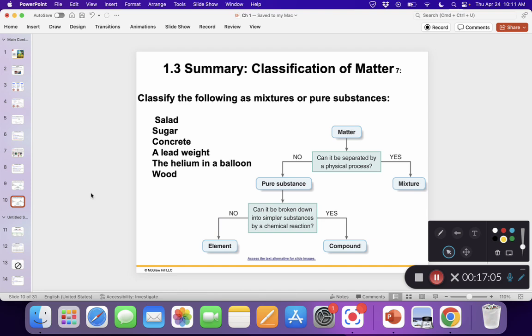If we completely make a new substance, then we change the composition by reacting or by fermenting, by burning something, then that is known as a chemical change.